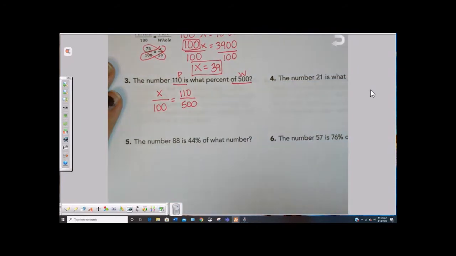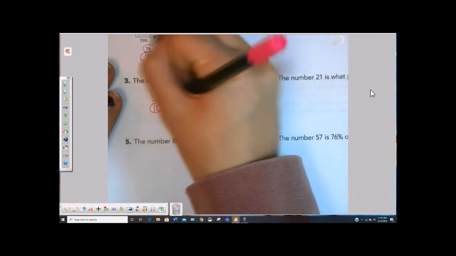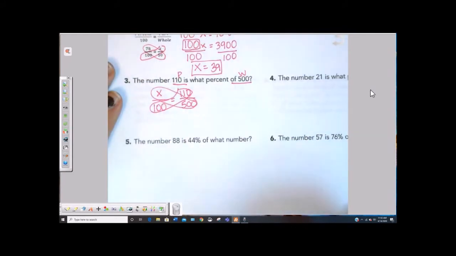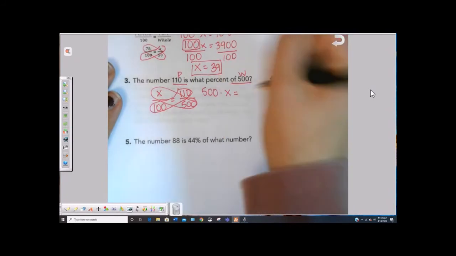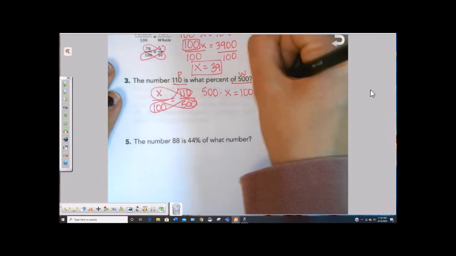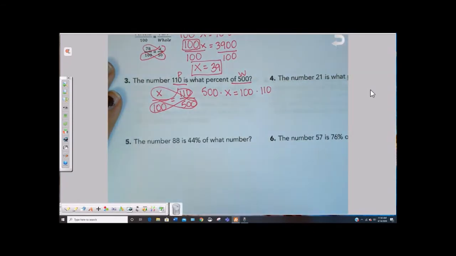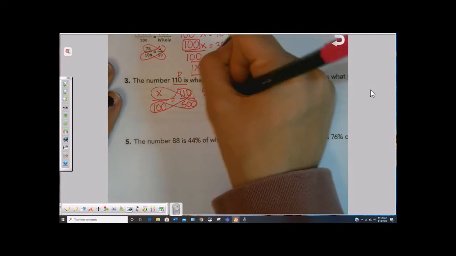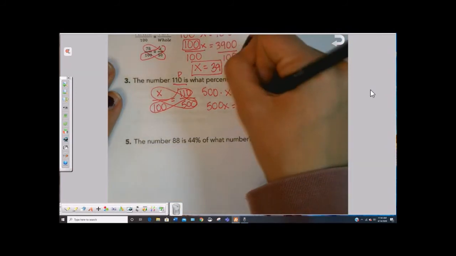Again, cross multiply, circle those diagonals. So we're going to have 500 times x equals 100 times 110. 500 times x is 500x, and 100 times 110 is 11,000.